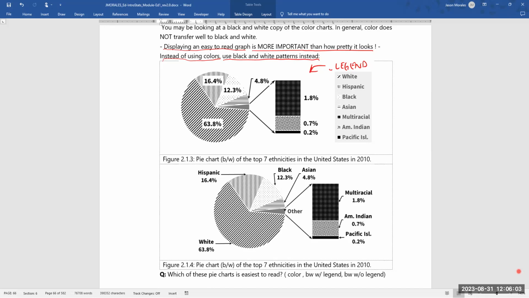You can see here that white ethnicity is denoted by a pattern which has diagonal lines, and we've got clear diagonal lines. The black ethnicity, for example, is an area that's shaded with dots.